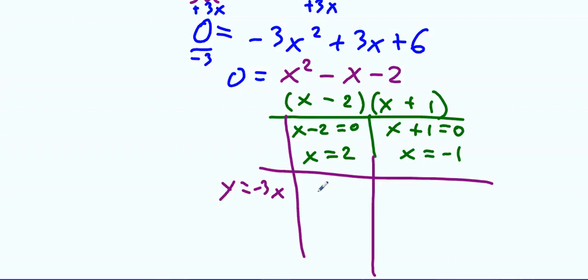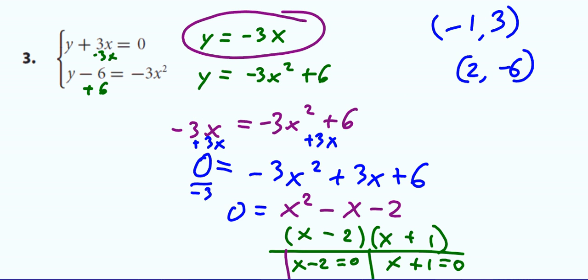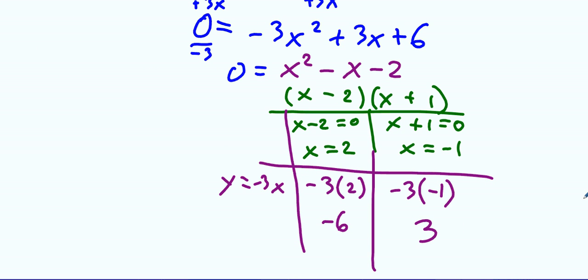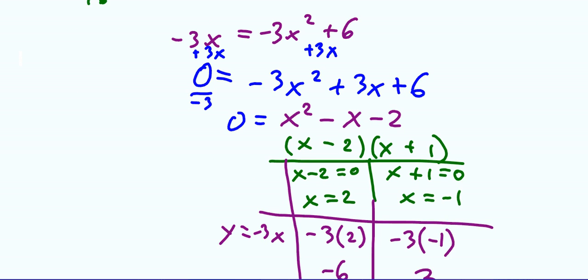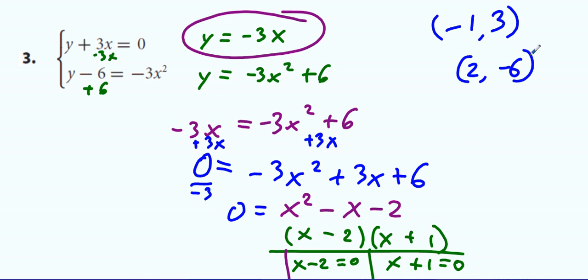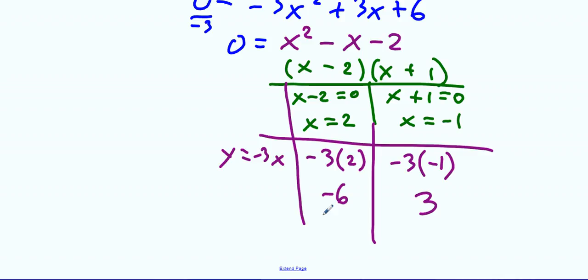So when we do that, that's -3 times 2, which is -6. Or -3x, so that's -3 times -1, which is a +3. 2, -6, boom, -1, 3, boom. Just make sure you write your answers as ordered pairs, just like we did here. 2, -6, and -1, 3.